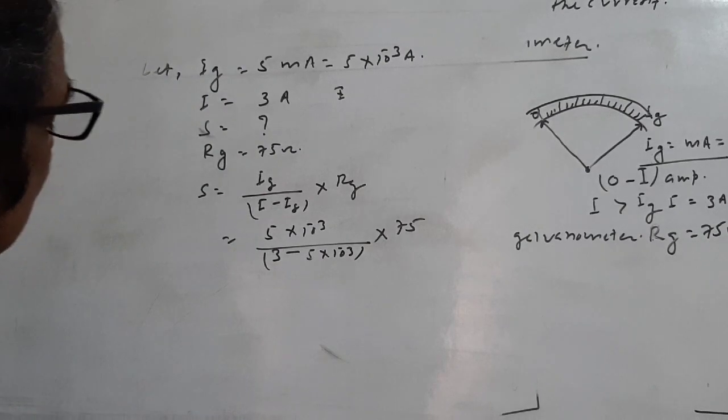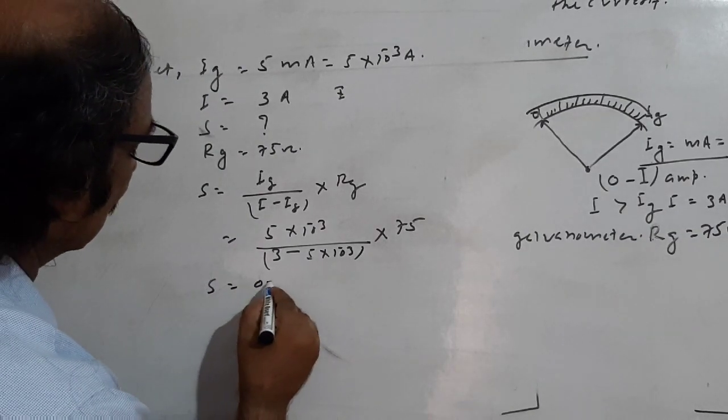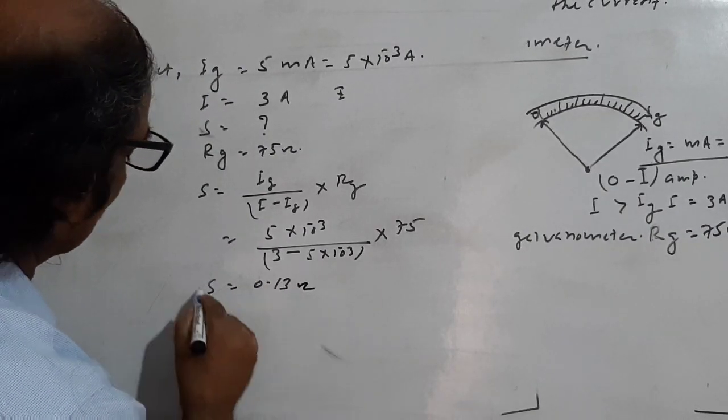So the value of resistance is equal to 0.13 ohm.